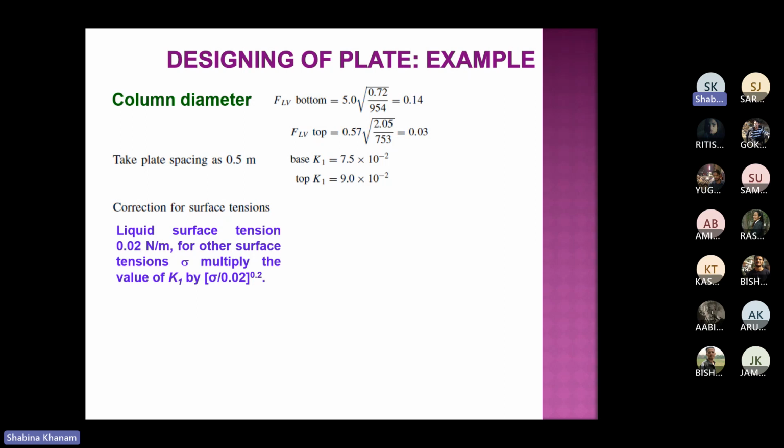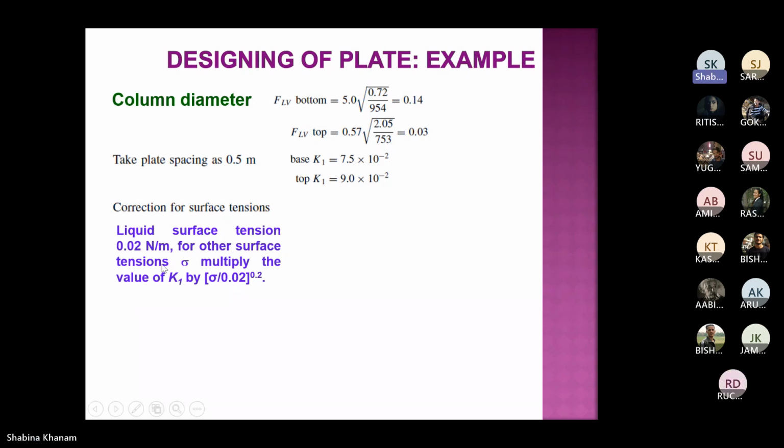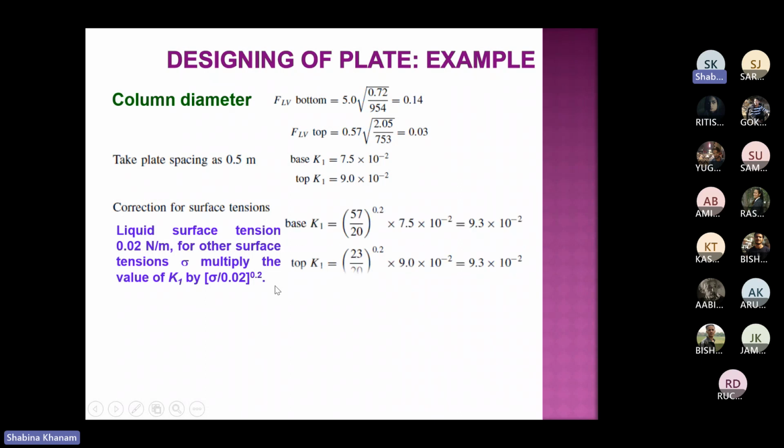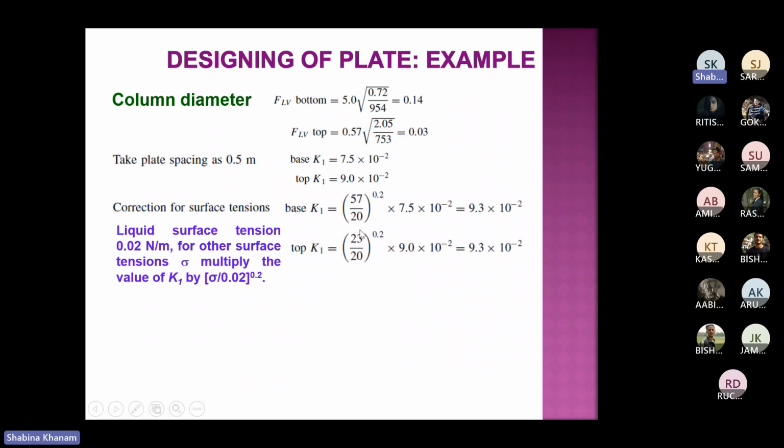So we need to multiply K1 by sigma by 0.02, power 0.2. Here you can see we need to consider the sigma which is already given in the problem and divide by 20, because 20 is coming from here. This goes into K1 at bottom as well as top.